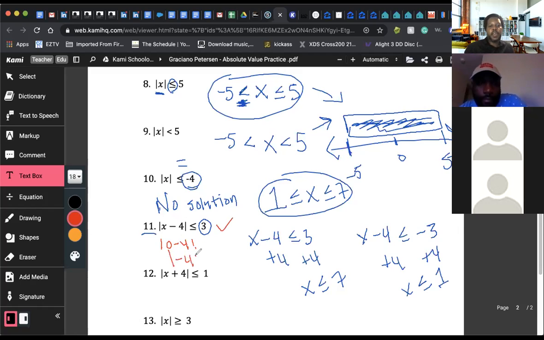The absolute value of negative 4 is 4. Is 4 less than or equal to 3? It is not. So 0 doesn't work. Only the numbers inside of this range are going to satisfy this absolute value. So that's what we're doing to get these answers.